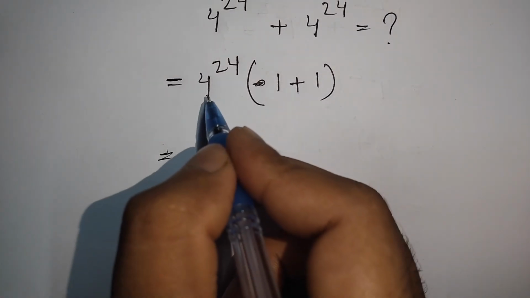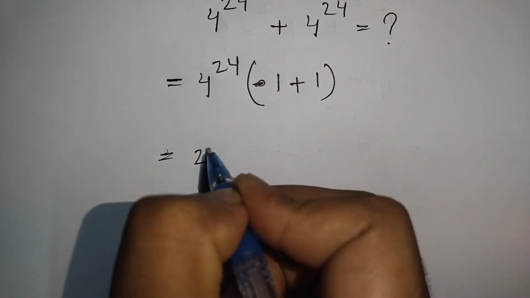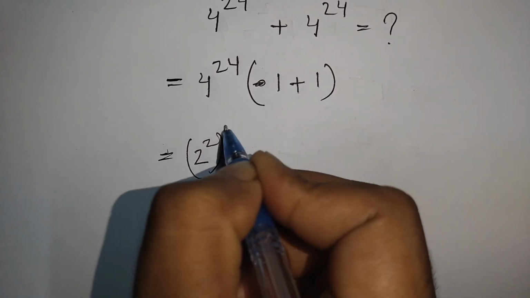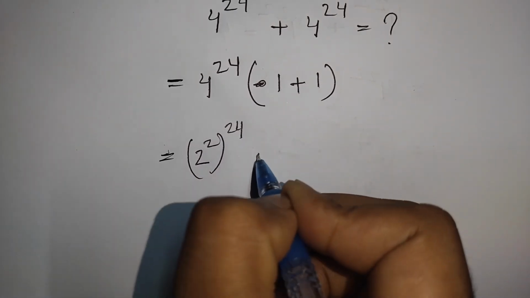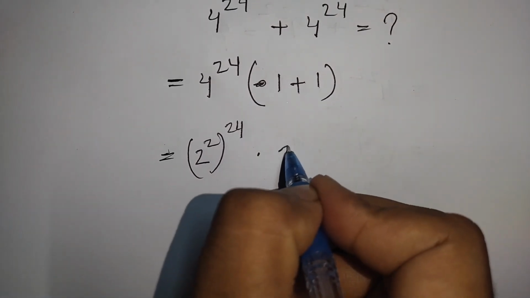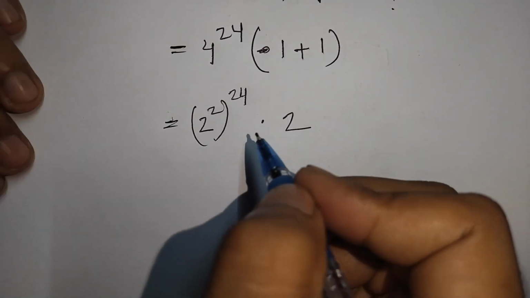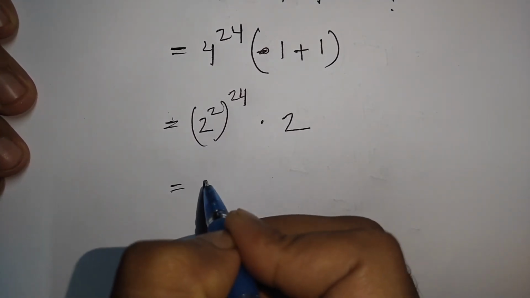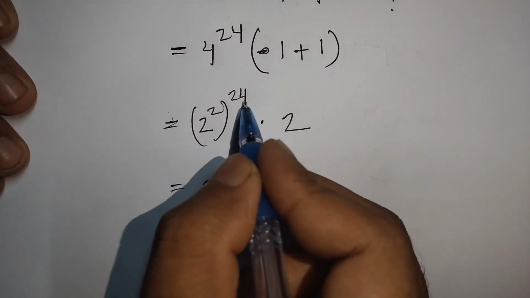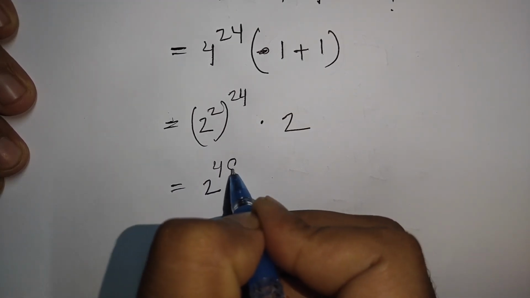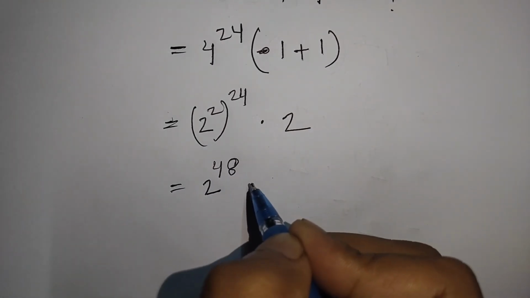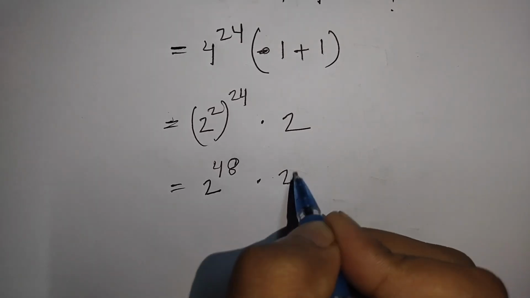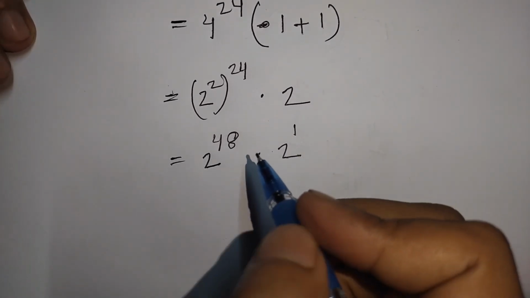Now 4 to the power 24 is same as 2 to the power 2 bracket for 24, times 1 plus 1, that means 2. Now 2 to the power 2 times 24, that means 48, times 2 is same as 2 to the power 1.